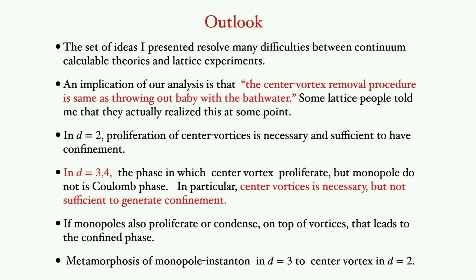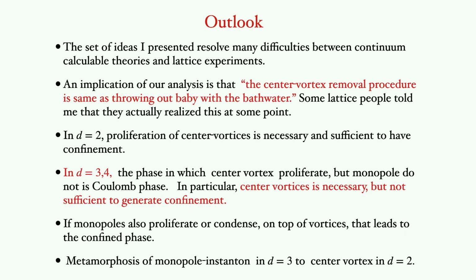But the surprising thing to me is that from a Zn lattice gauge theory, you can actually establish a phase which has n-1 photons.